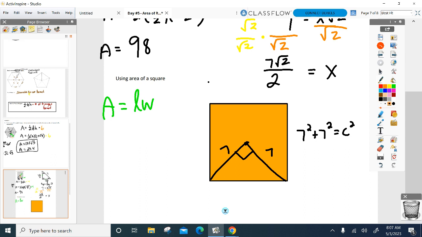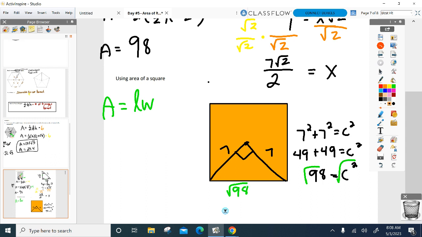Good job, guys. 49 plus 49 equals c squared. What's that? 98. C squared equals 98. So one side is the square root of 98.